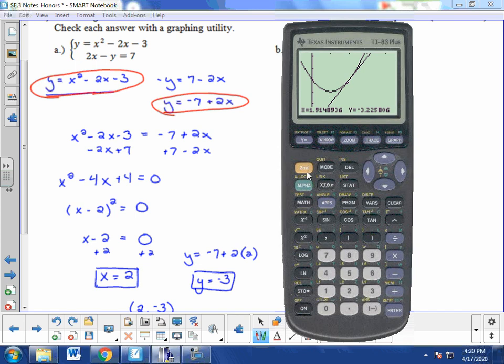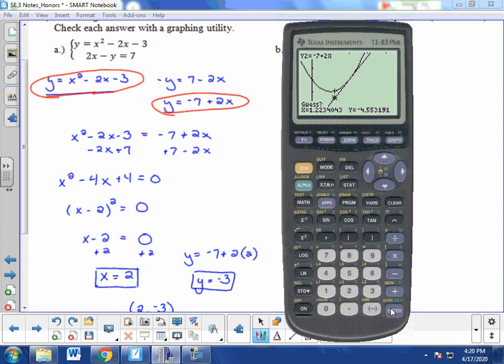To find the intersection on the graphing calculator, hit second, trace, intersect, fifth option. Your calculator will say first curve, and you'll have a blinking cursor on it. Make sure that cursor is on one of the two equations. Right now it's set up on the parabola. Now I'm going to hit enter. It'll say second curve. I want to make sure it's on the line because the second equation was a line.